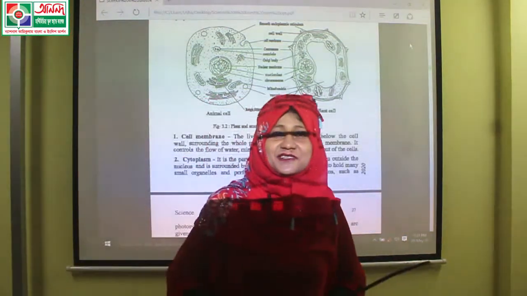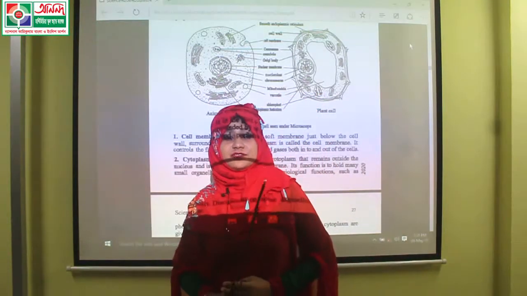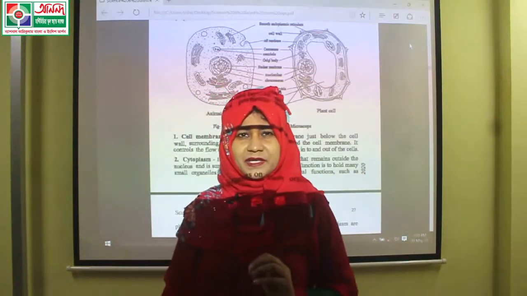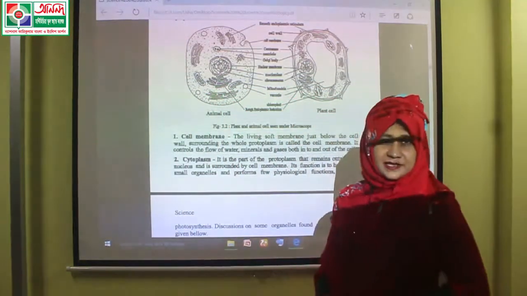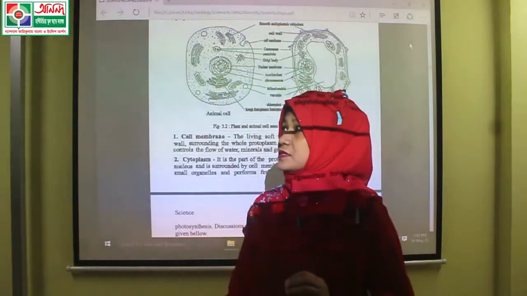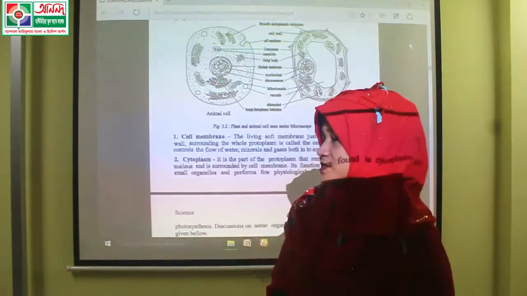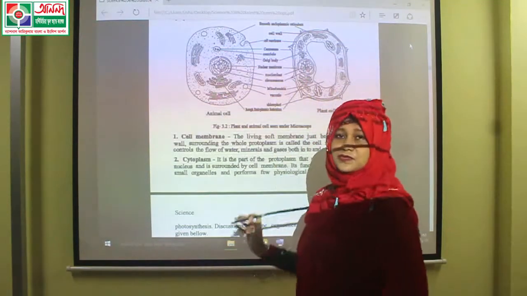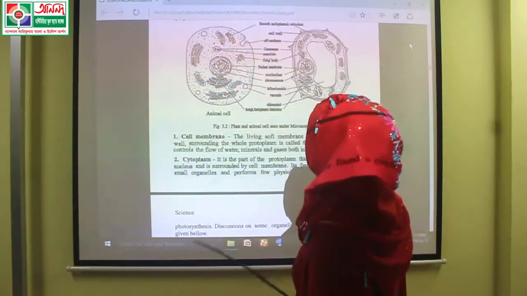Can you say the function of ribosome? The function of ribosome is synthesis of protein. That means they take part in protein synthesis, and also they produce lipids and hormones. This one is smooth endoplasmic reticulum and this one is rough endoplasmic reticulum.